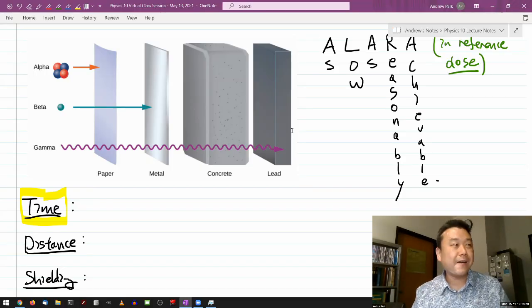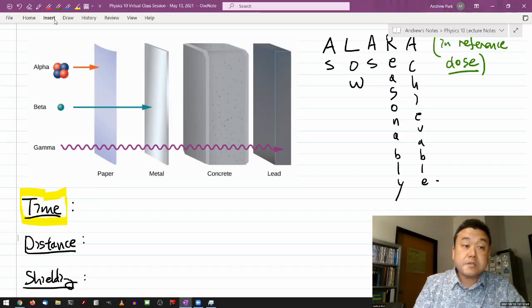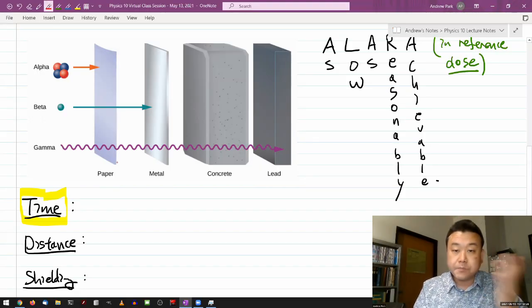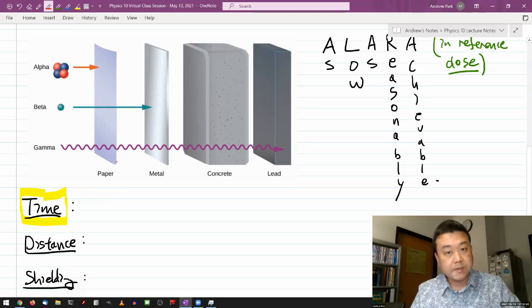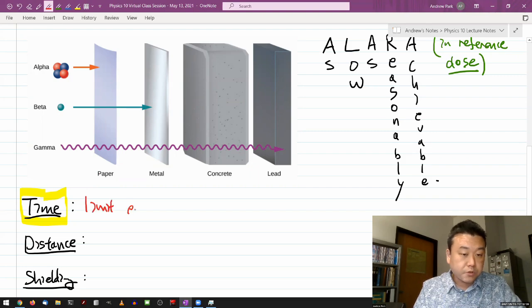I would say, okay, on average, I might be spending 15 minutes per day with this source in very close proximity. And in working out those plans and standard operating procedures, you would limit exposure, because that's the simplest and most effective way to limit your danger from any radiation source: limit exposure to the source.